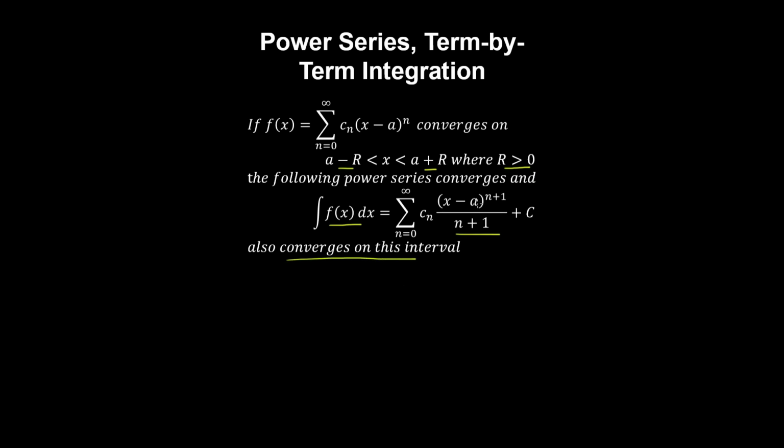And the radius of convergence of this series is the same as the radius of convergence of the original power series. So here we've integrated the terms in the series using the power rule for integration. And I encourage you to show that using the ratio test applied on this series and then applied on this series.